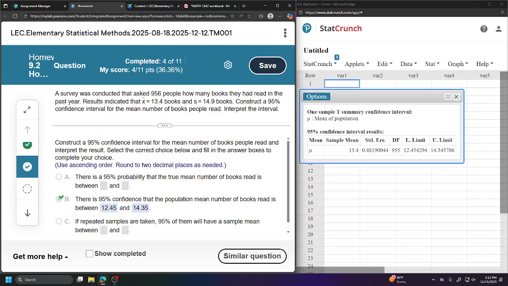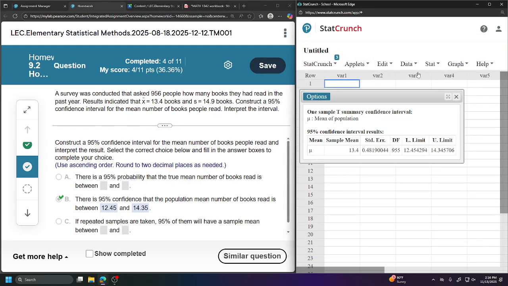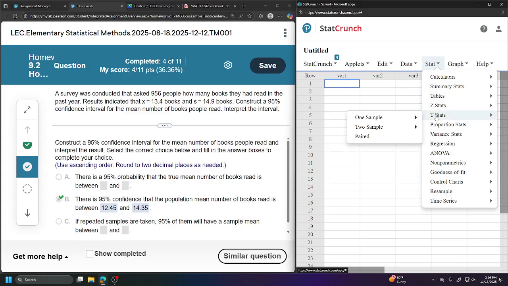Let me get rid of this. Stat, T-stats, one sample with summary.